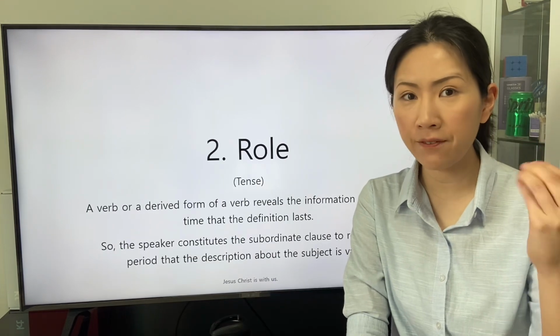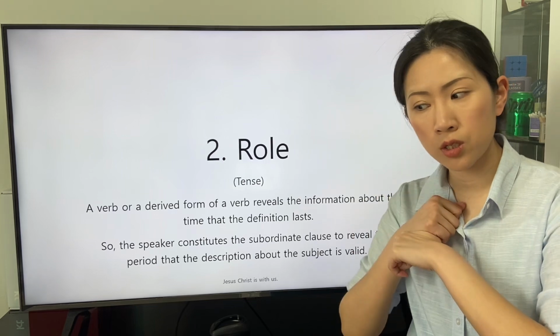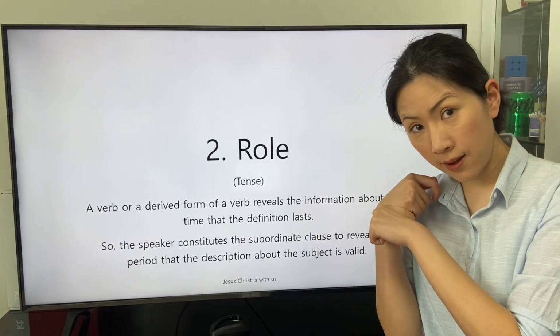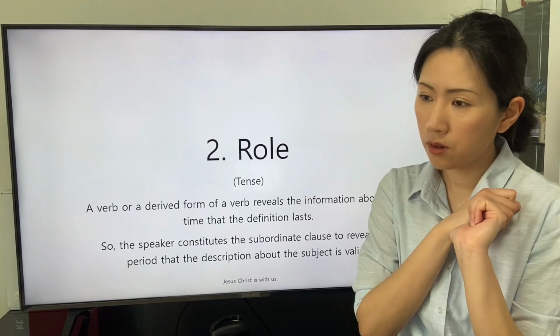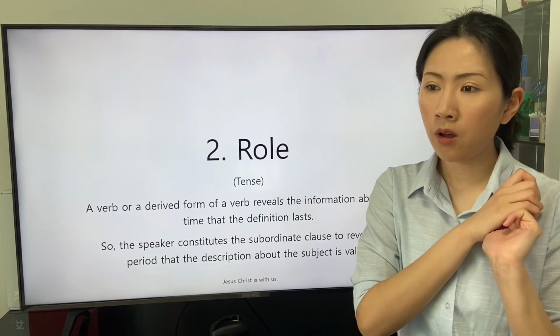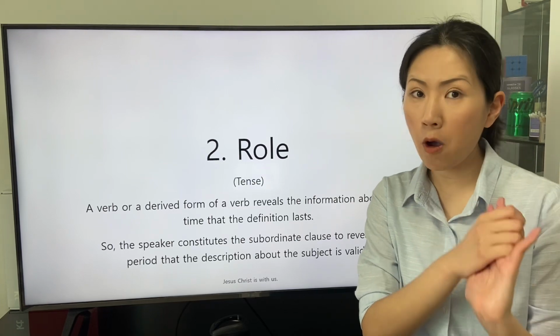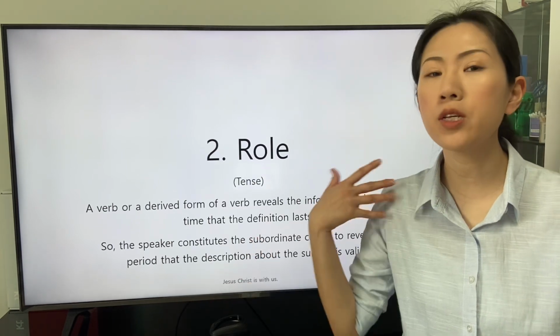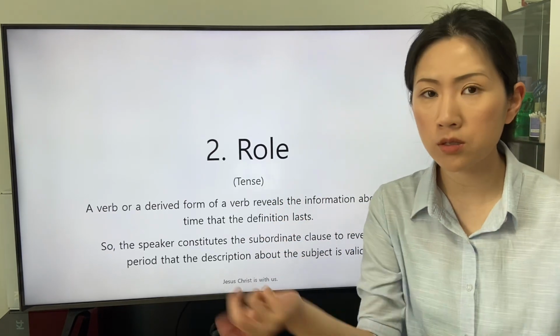The derivative of a verb, like root infinitive, to infinitive, a gerund, a present participle, or a past participle, also describes the subject or object in the clause.